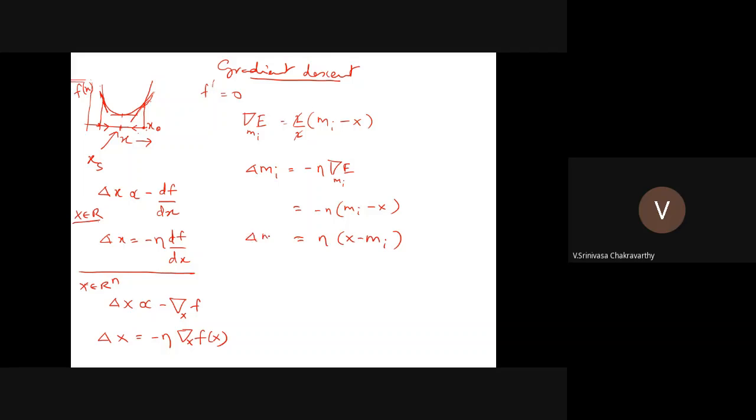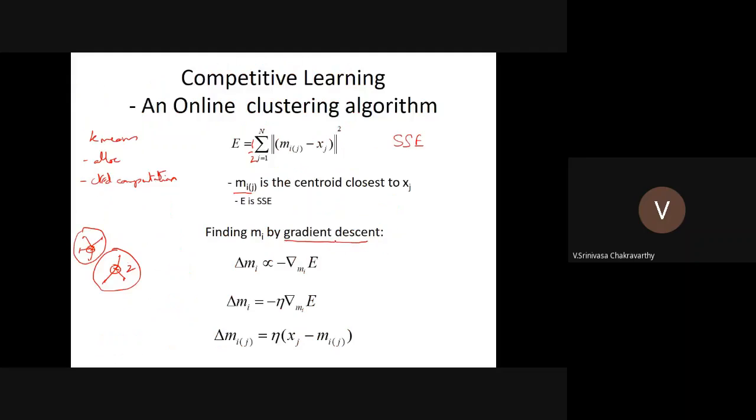So what does that mean? First of all, note that this is not just any x and any mi. The mi happens to be the one which is the closest centroid to the given x. That is implied here also.